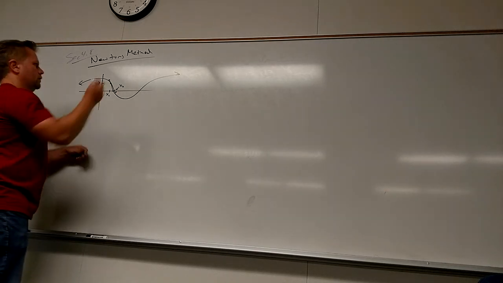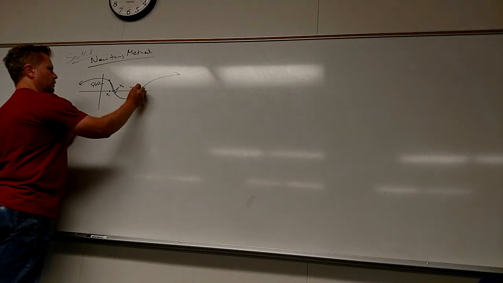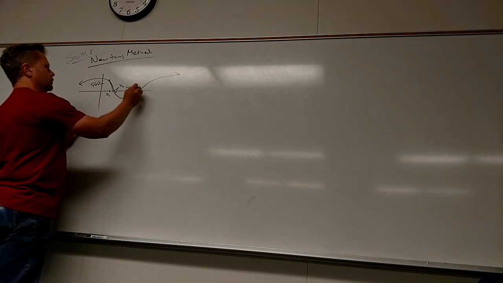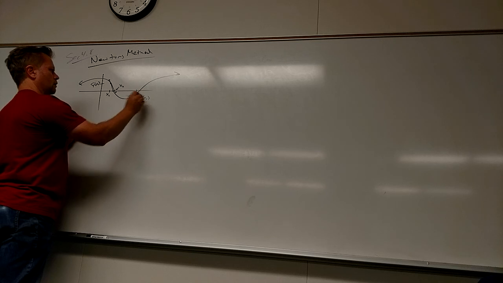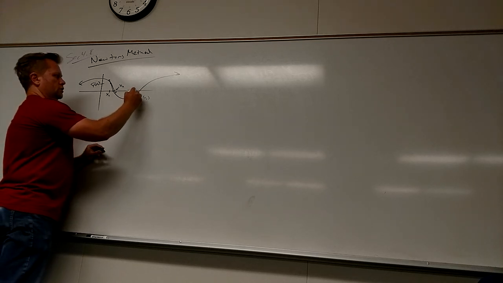You guys see the idea? So let me do it with this other one. Let's say here's my x1. Here's the actual value, f of x1. Here's the tangent line there.